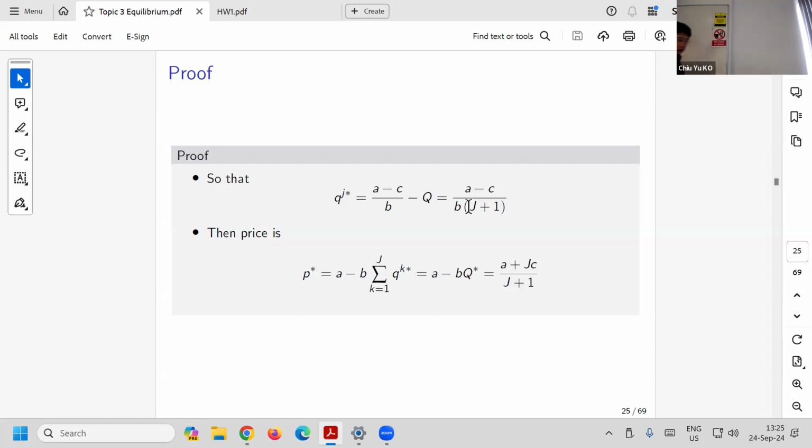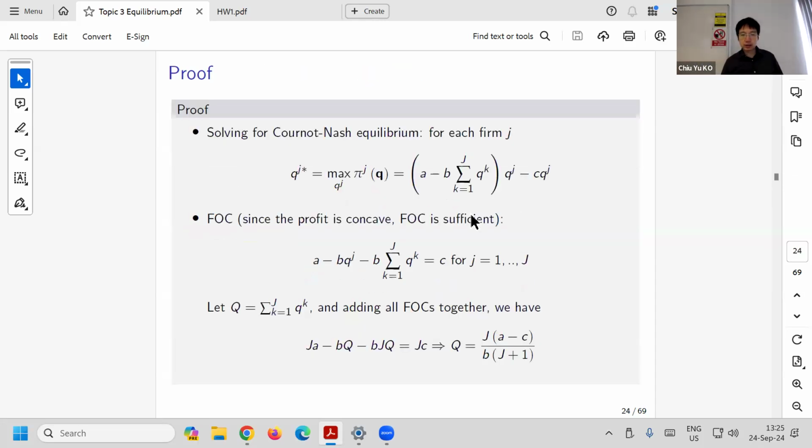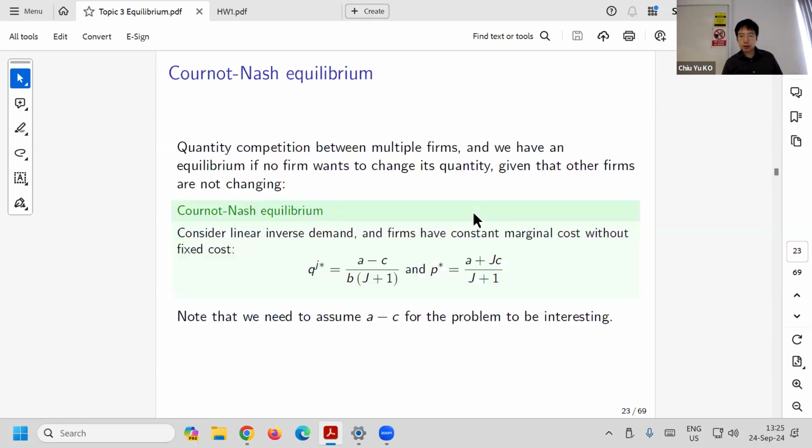You are expected to know how to solve this example, because this is straightforward. You are expected to know how to solve this particular style of model. This is one of the main objectives of this class: to let you write your own model and solve it.